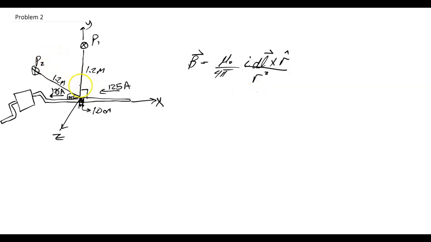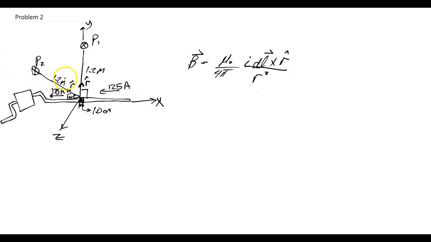And notice that for point 1, r hat is going to be in the positive j direction, where for point B, r hat is 30 degrees above minus I hat.